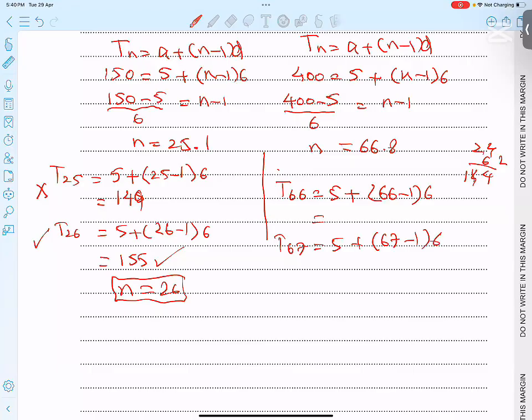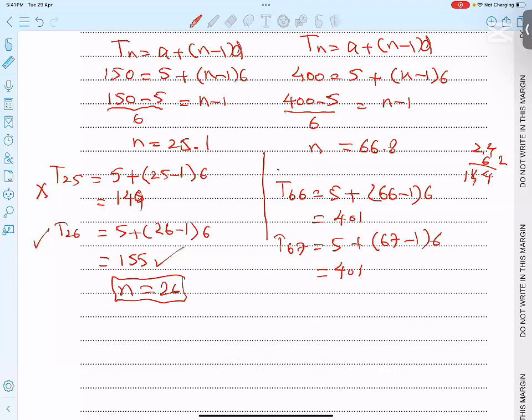If I check it in my calculator, 5 plus 66 into 6, I got 401. And for 66, 401 comes here, sorry.